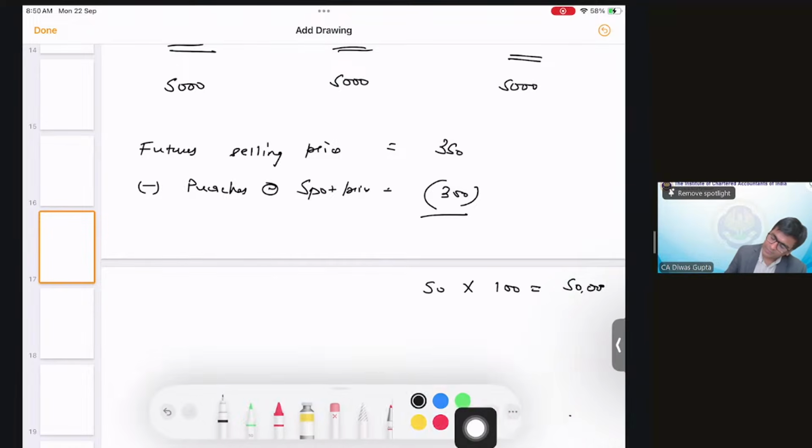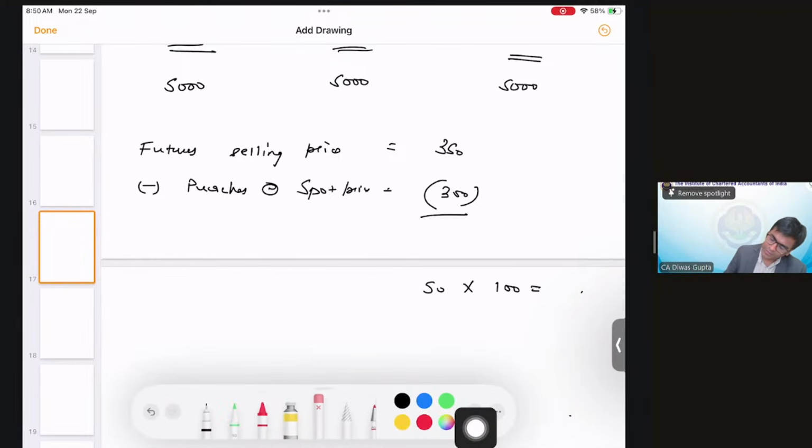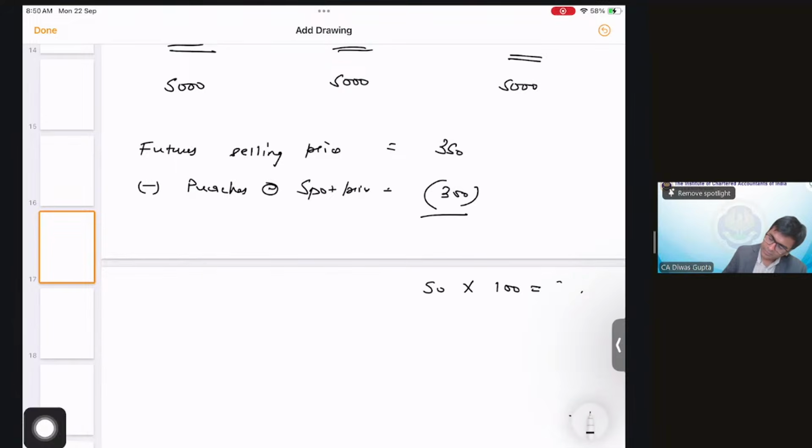It's not 50,000, it's 5,000 actually. 5,000 is the gain on the 100 shares. Clear?